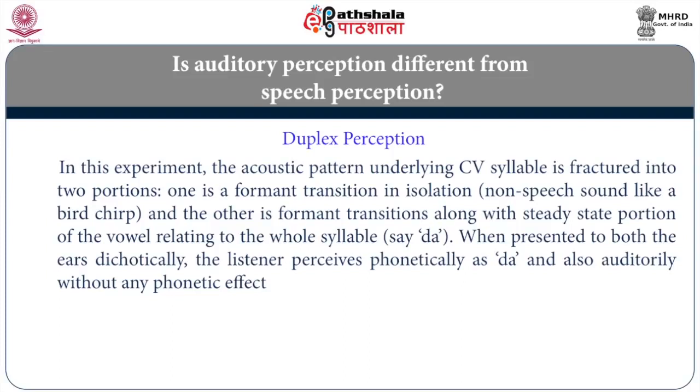So, when you take only formant transition synthetic stimuli and give it to your ear, it sounds like some chirp, right? It has no meaning. But if you say pa or ta, in some languages ta means give. It can have some meaning. So, when you attach the steady state portion of the vowel along with the formant transition, then it is more meaningful. So, what they wanted to know is what mechanism is playing a role in hearing and perceiving a chirp as opposed to cha, right.